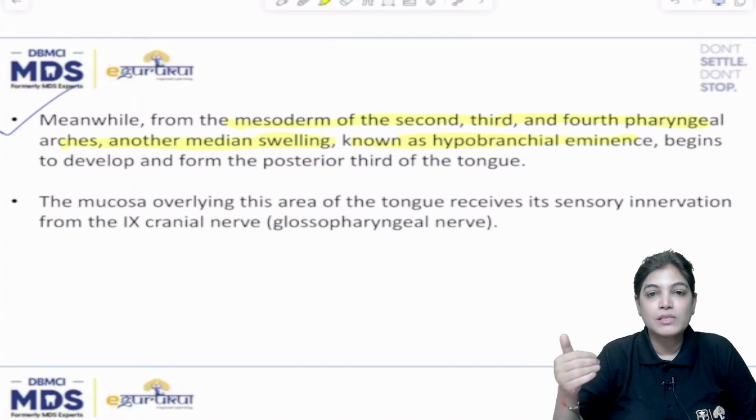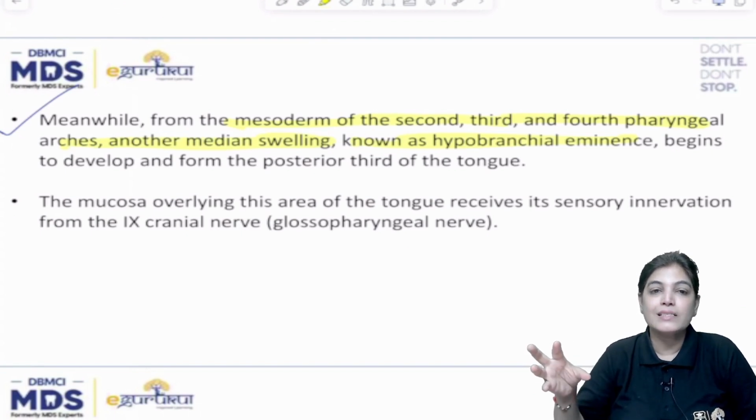If we talk about the posterior part of the tongue, it is formed from the mesoderm of the second, third and fourth pharyngeal arches, as another median swelling.